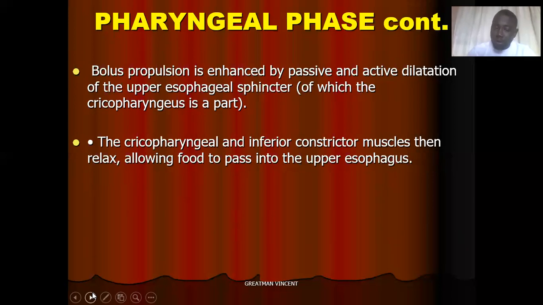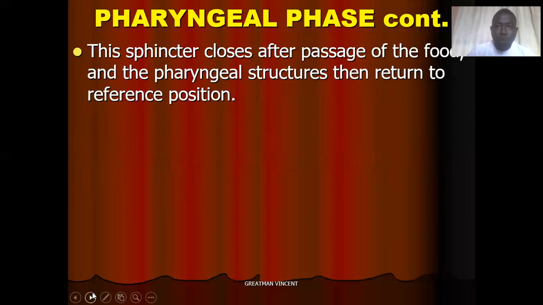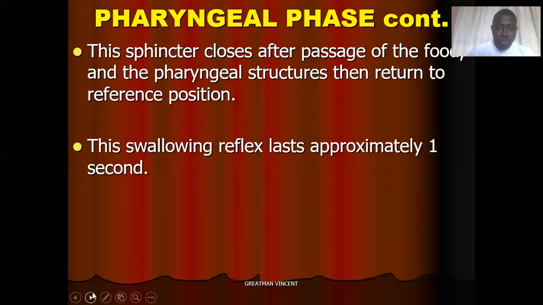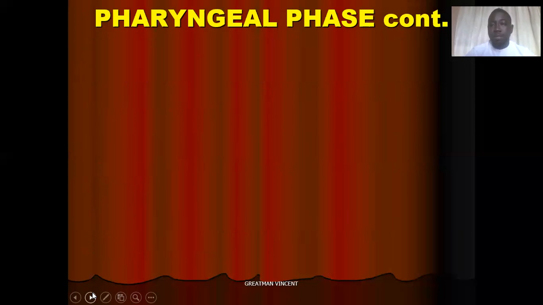Now, when I talk of peristalsis, I'm talking about the process by which there will be the contraction and relaxation of the muscles of the pharynx, all in making sure that food is pushed down the tract. So just as I said, we have basically the circular muscles, and then we have the longitudinal muscles, all in making sure that the food is being propelled downwards the tract.